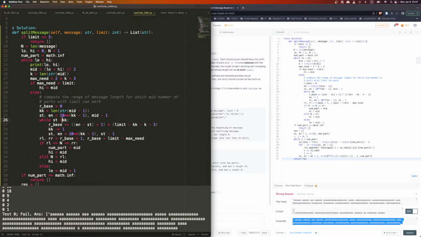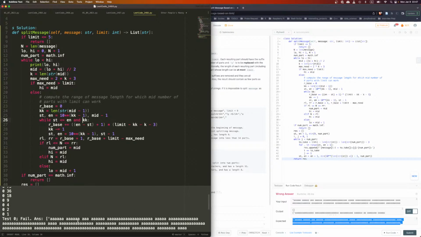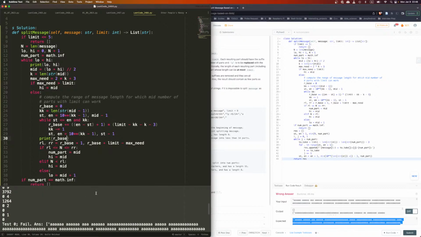St is smaller, equal to end. Doesn't make any sense, huh? Yes, our base is 0. So that's 1.